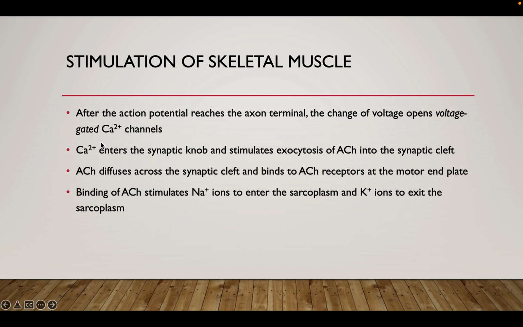And the stimulus to do that is the action potential arriving and stimulating the opening of voltage-gated calcium channels. Voltage gating just meaning that they open and they are responsive to changes in the voltage, right?